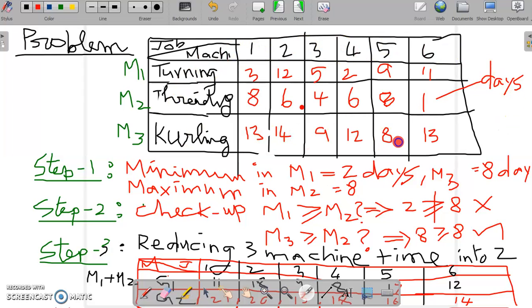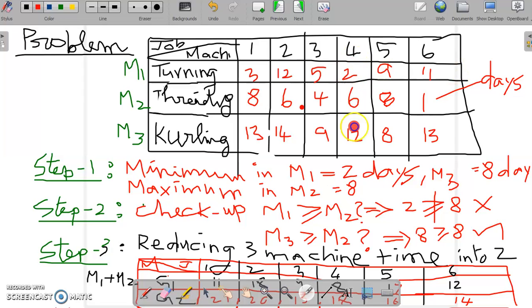Now let us solve the problem. What is step number 1? The minimum processing time in the first machine M1 we have to identify first. Here 3, 12, 5, 2, 9, 11. So 2 is the minimum.